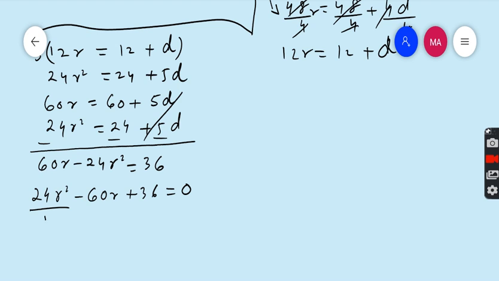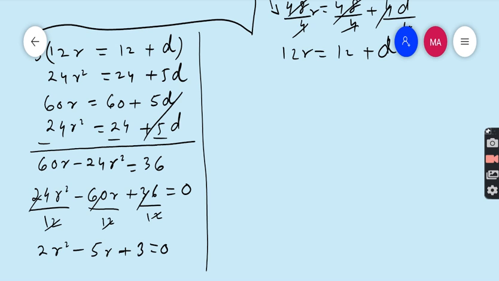Divide the whole equation by 12. 12 2s are 24, 12 5s are 60, 12 3s are 36, equal to 0.